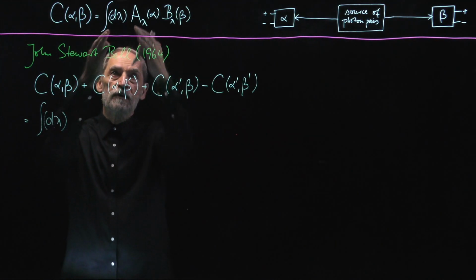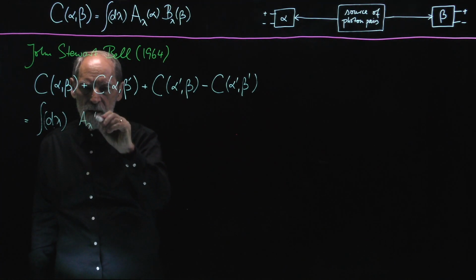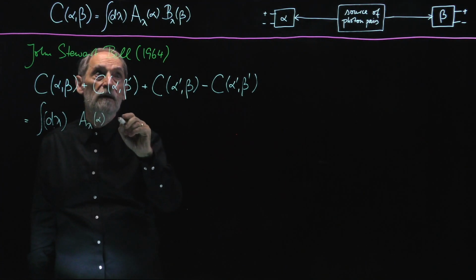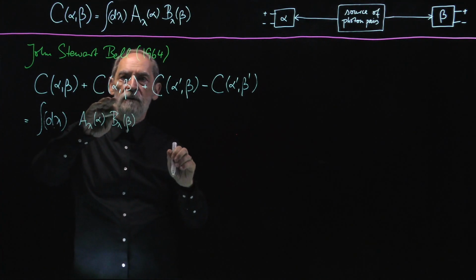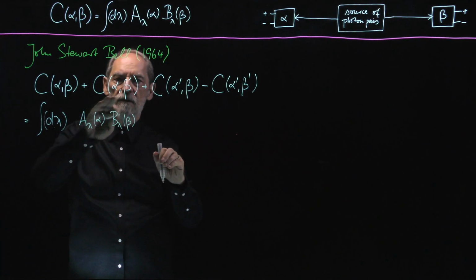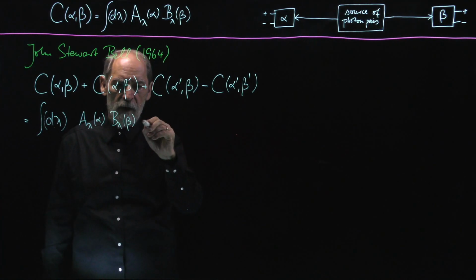Now we have 4 terms. So there is A lambda for alpha and B lambda for beta. And then we add to that the term which has A lambda alpha and B lambda beta prime.